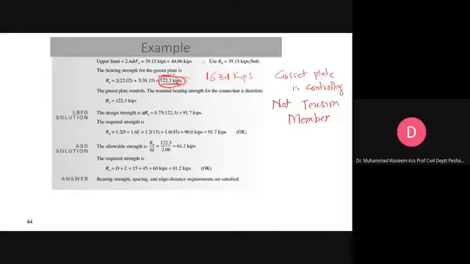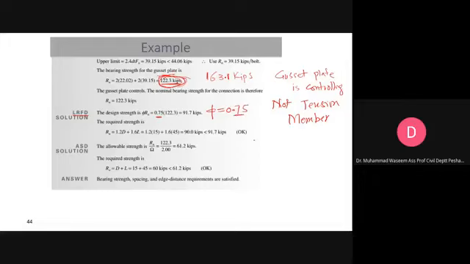Now if we want to calculate the bearing strength based on LRFD, we have to just multiply it with the resistance factor, and this resistance factor in the bearing strength case comes out to be 0.75.